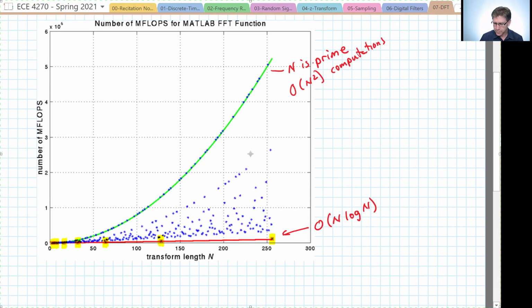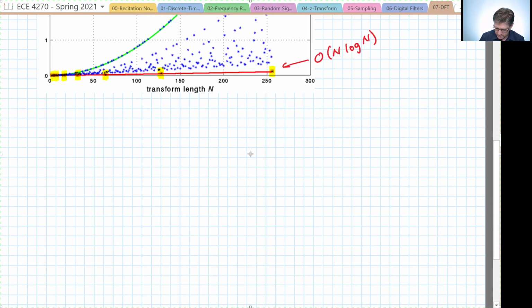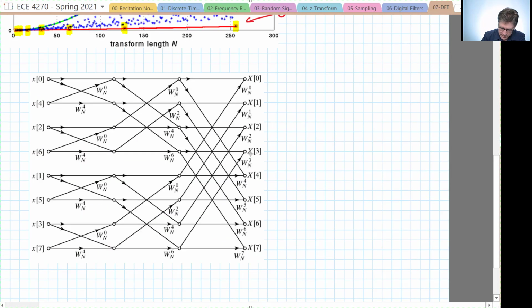So let me add in here another important consideration. These values, the w's that are multiplied in various places around here, are called twiddle factors.